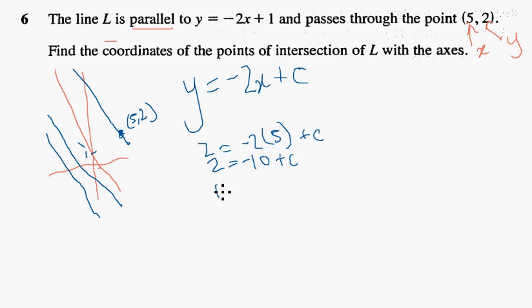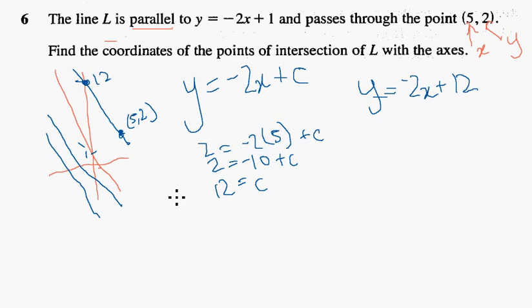And from that you can work out that c is 12. 12 on the y-axis. Lovely. Okay, now we know that the equation of the line is y = -2x + 12. We can go about finding out whereabouts this coincides with the axes.